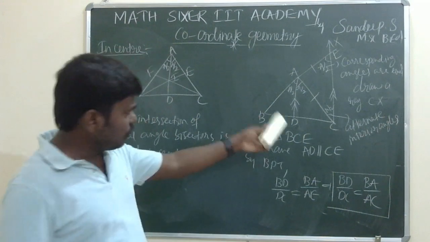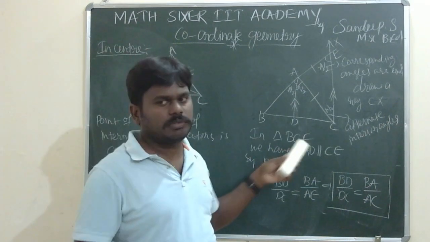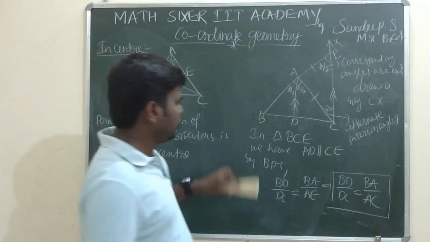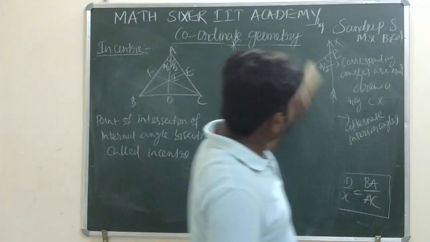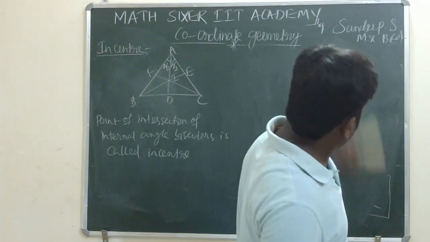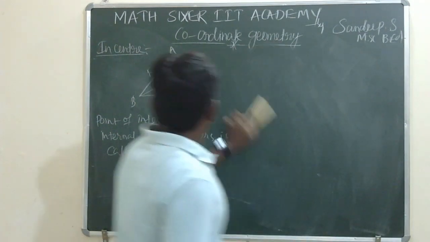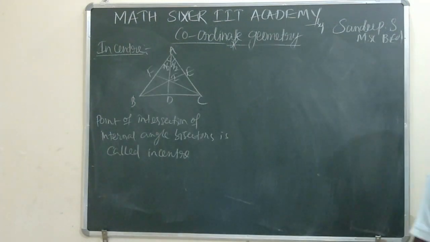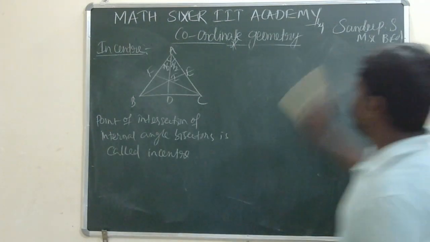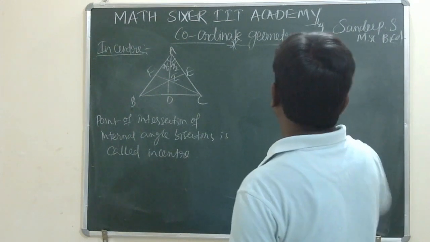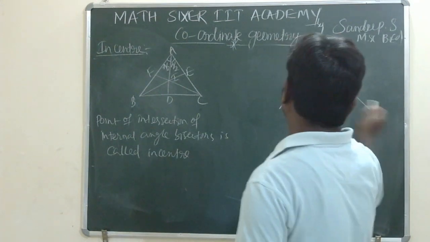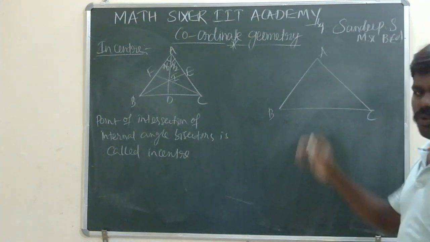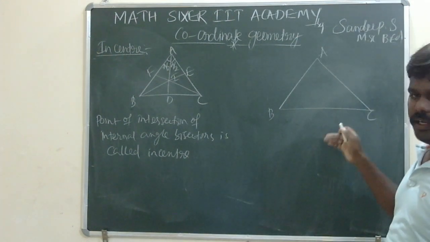Now we are going to apply this concept to find what is I. For any triangle ABC, we always denote the lengths of the sides with small letters.